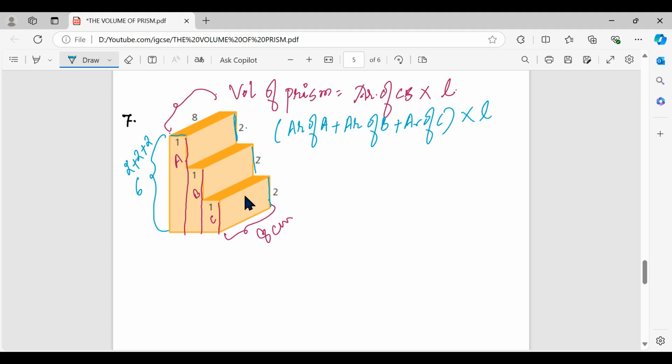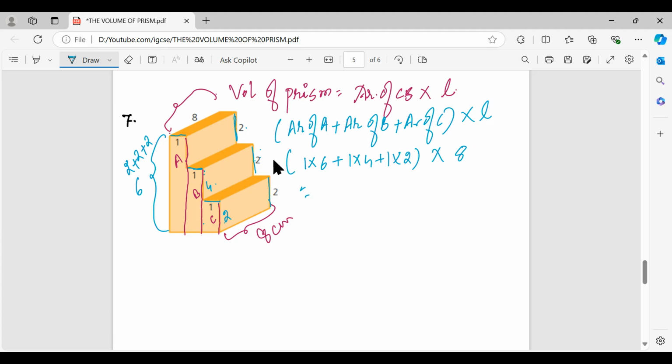Times L. So here you have 6, and now for this rectangle 2 plus 2, so this will be 4, and this is the same 1, and here it will be 2, and this width is 1. So we can plug in the values now. Area of A will be 1 times 6 plus area of B will be 1 times 4 plus area of C will be 1 times 2, and the whole length we have to multiply.